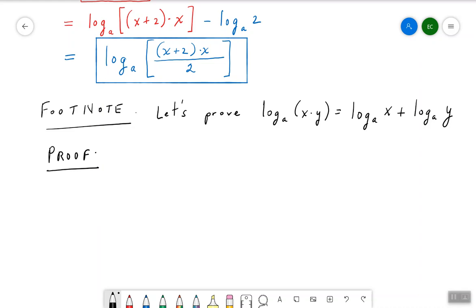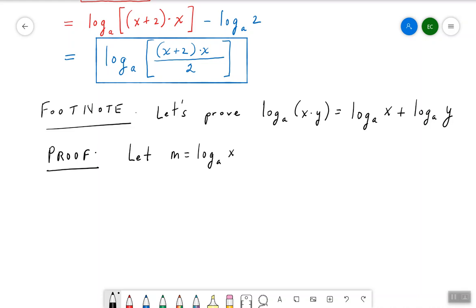Property of exponents is at the heart of the proof, and then there's just a little clever naming convention to get us through.